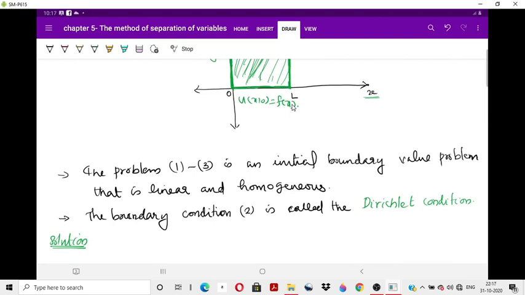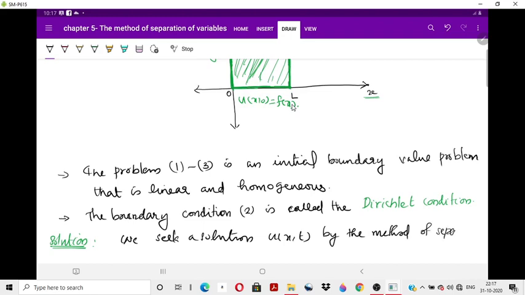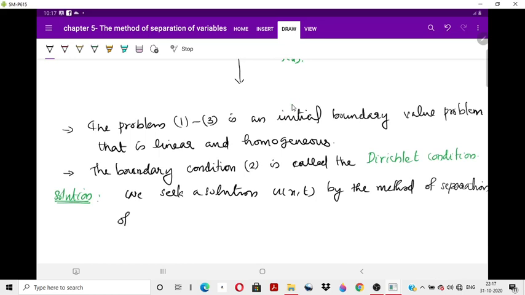Now we try to solve this heat equation. We seek a solution u(x,t) by the method of separation of variables.